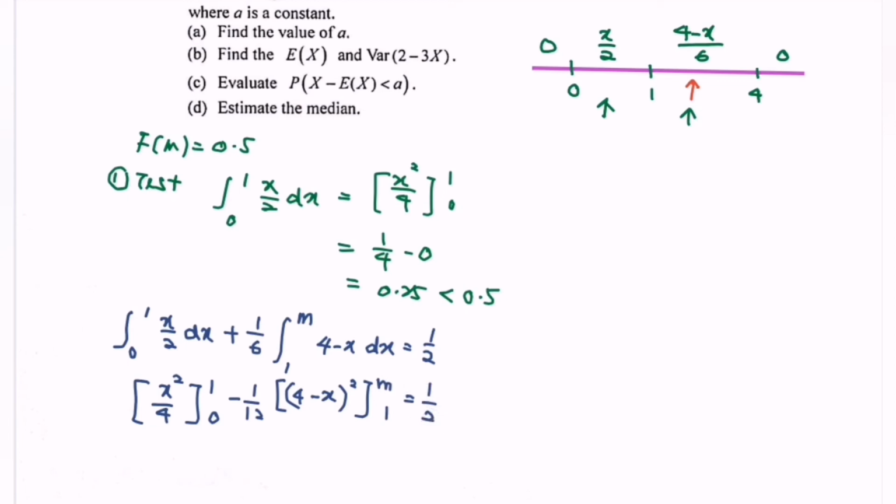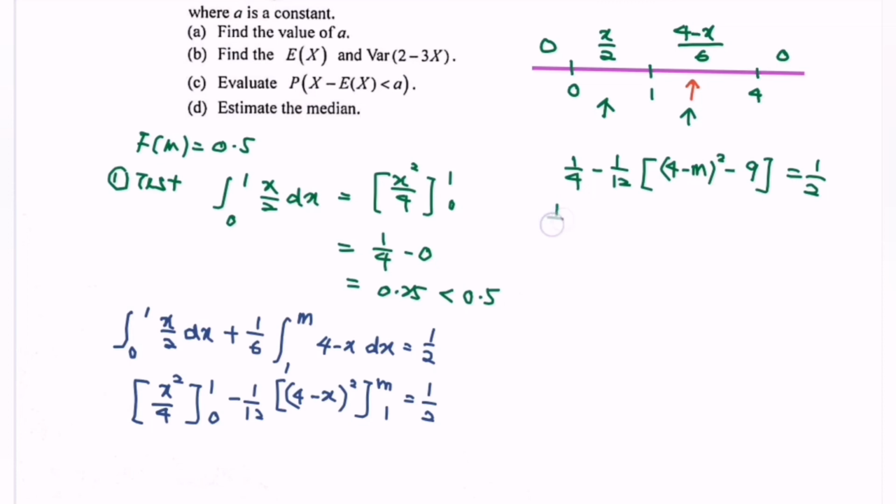Continue. For the first part, we have 1 over 4 minus 1 over 12 bracket, we have (4 minus m) squared, minus, if we substitute 1, we will have 9, equals 1 over 2. So kindly rearrange the situation.